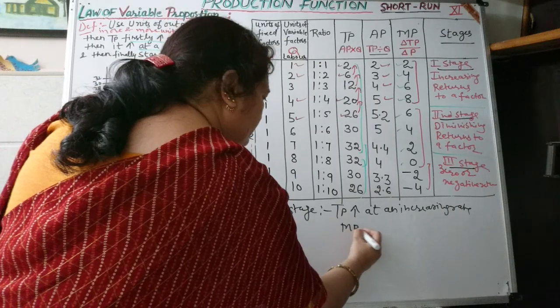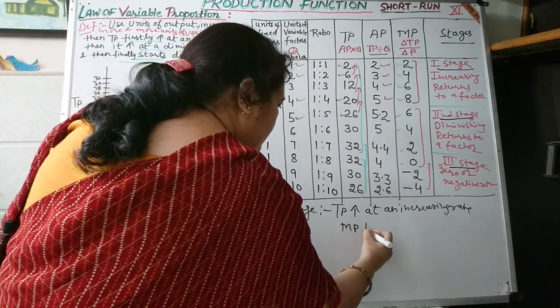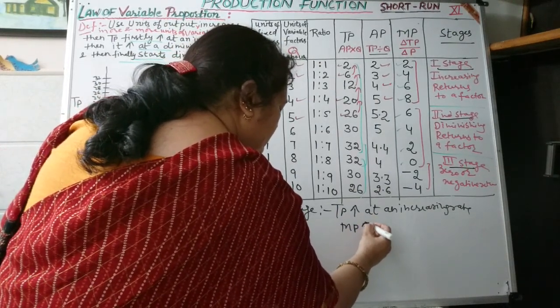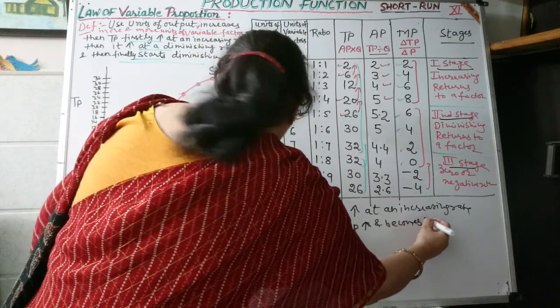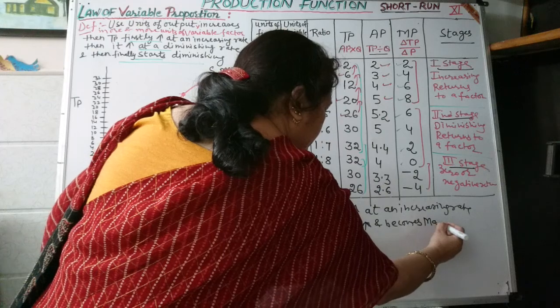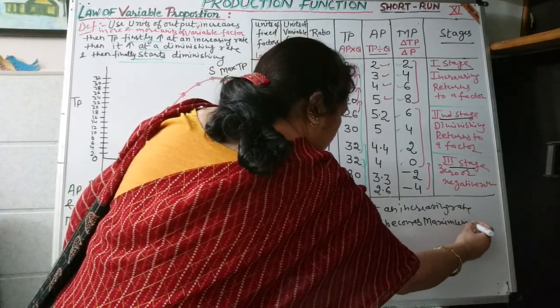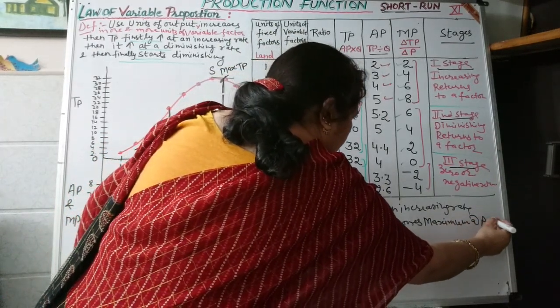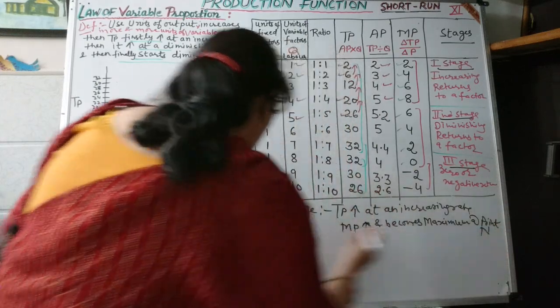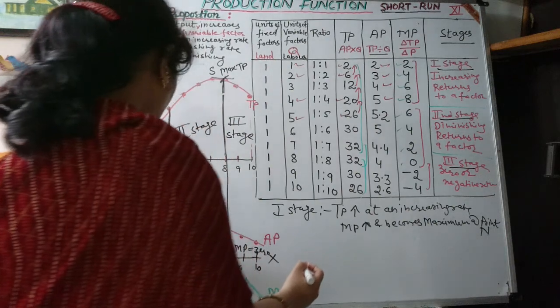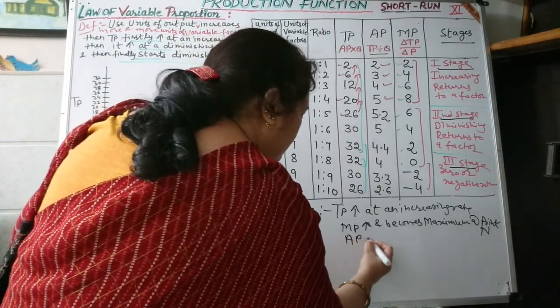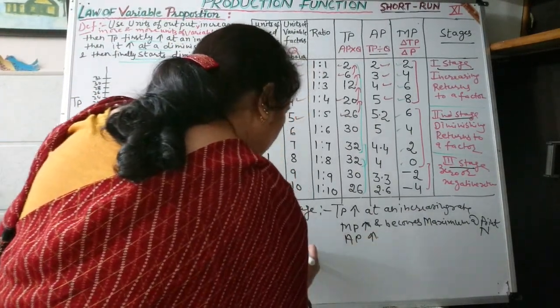MP increases and becomes maximum at point N. This is the N point and MP is maximum. And AP increases.